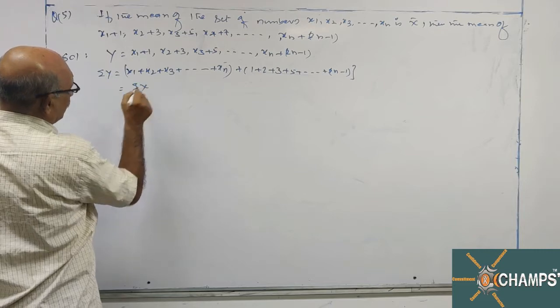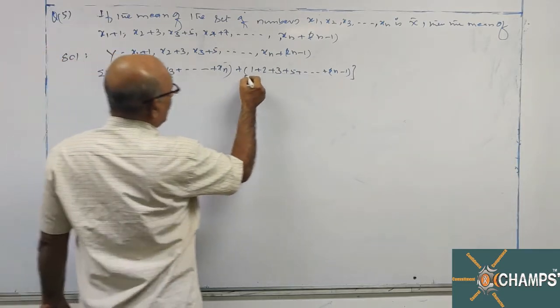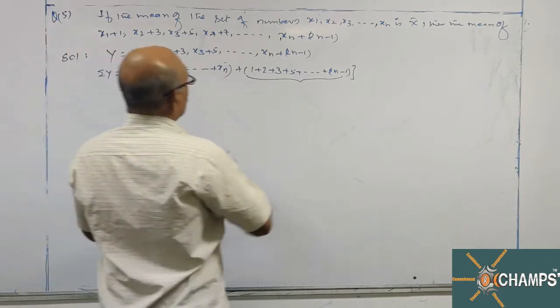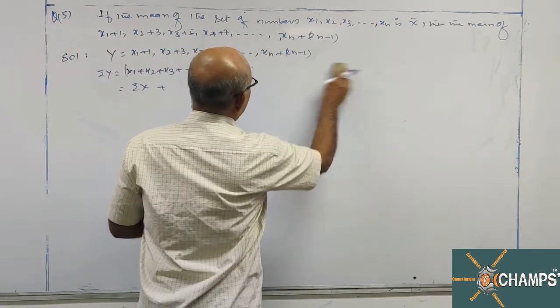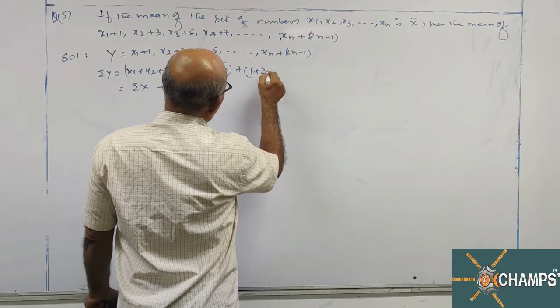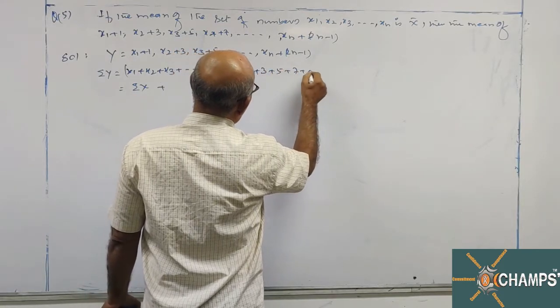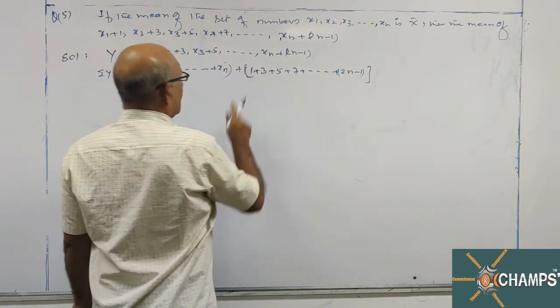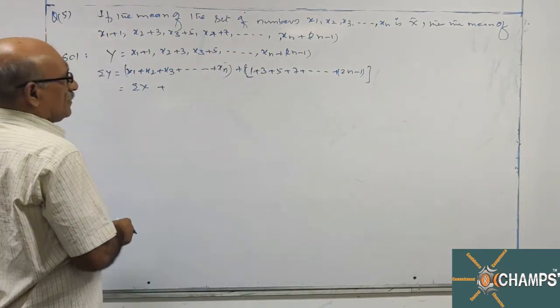Now this can be written as summation of x plus the sum of the first n odd natural numbers: 1 plus 3 plus 5 plus 7 plus etc. plus 2n minus 1. These are odd numbers.